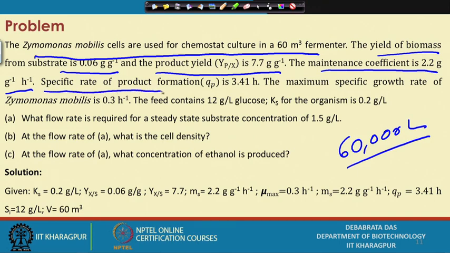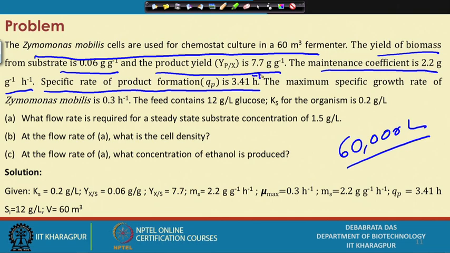Then the specific rate of product formation is 3.41 per hour. This should be inverse time, so you can make a little correction.